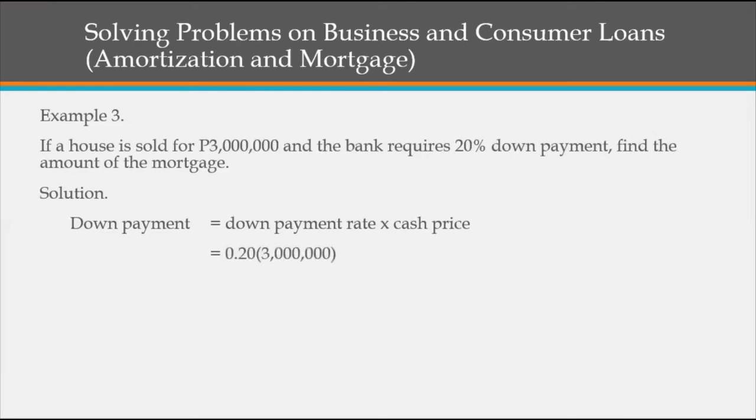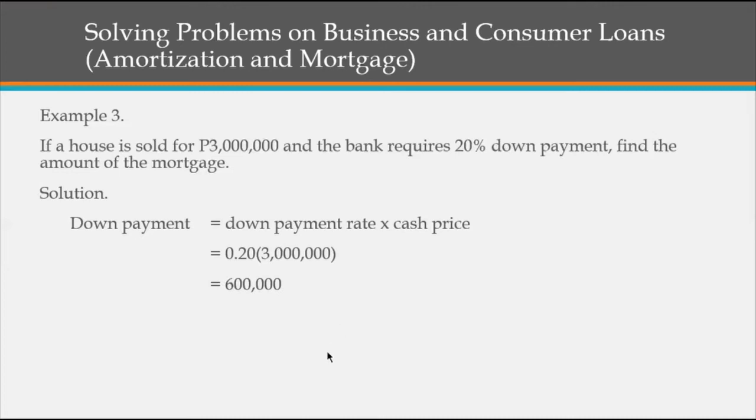So, ang down payment ngayon ay 20% nung 3 million. Okay? Or 0.2 times 3 million. And the down payment is 600,000.